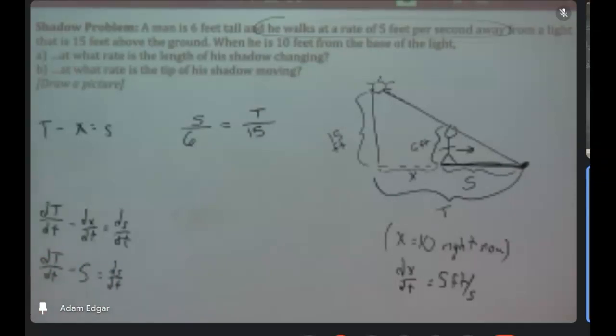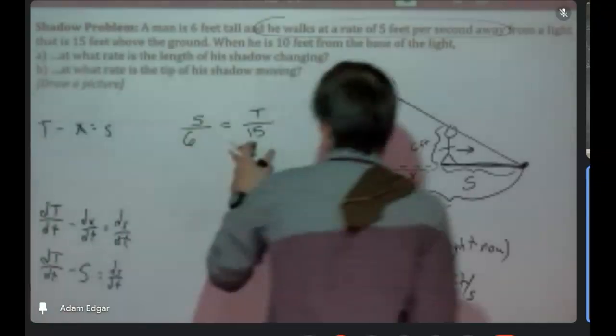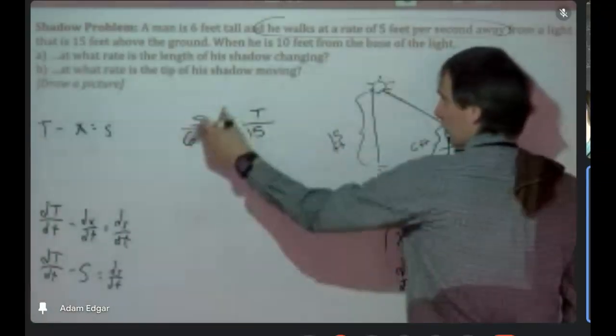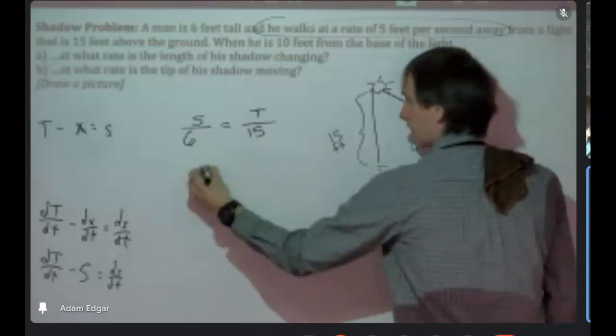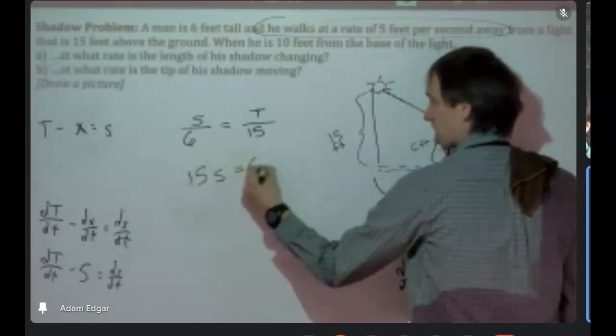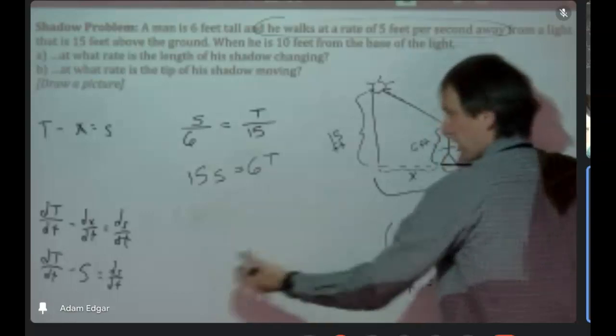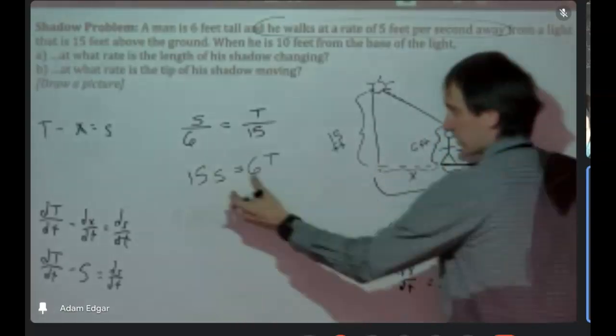So let's go over to the ratio equation, which I was trying to avoid because it's got fractions, and we all hate those. But we got to deal with it. Cross multiply, right? We got 15S equals 6T, and then differentiate. And what do you get when you differentiate?